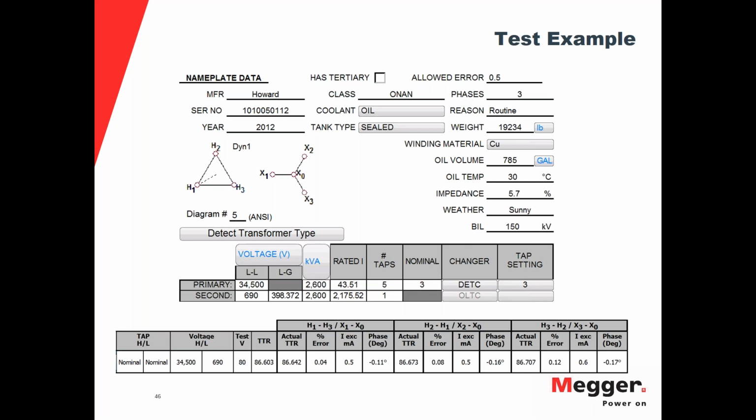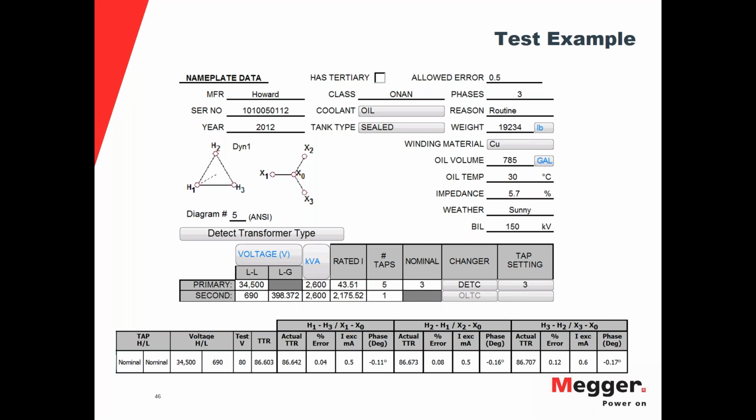We can see what our TTR is, and we can see what our actual TTR is. Right next to test voltage, TTR is the calculated TTR. What it's basically stating is that it's using the information from the vector diagram, and the information from the voltage input that we put right above it in the primary and secondary, to calculate the TTR.